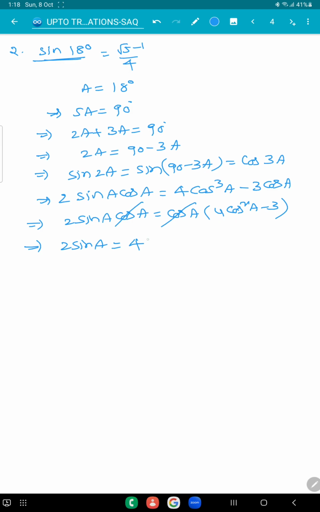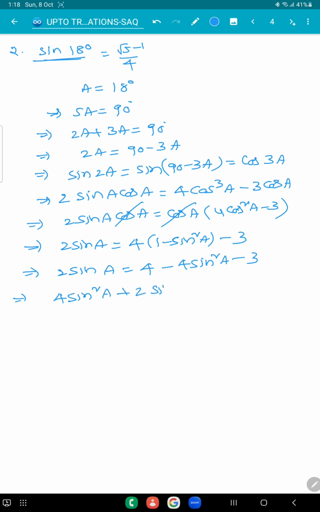So 4 of cos square a is 1 minus sin square a, minus 3. So 2 sin a is equal to 4 minus 4 sin square a minus 3. Writing everything on the left hand side, 4 sin square a plus 2 sin a minus 1 is equal to 0.